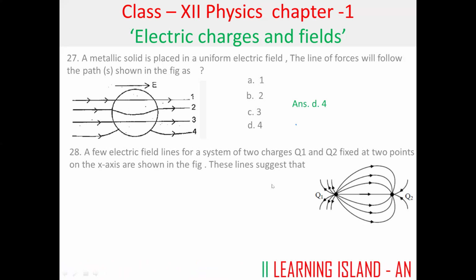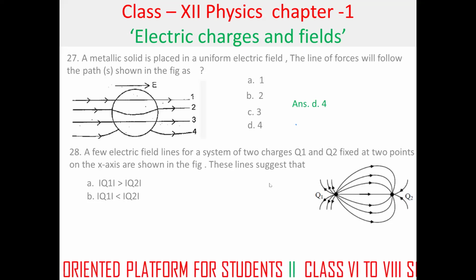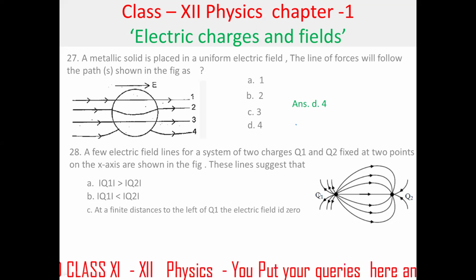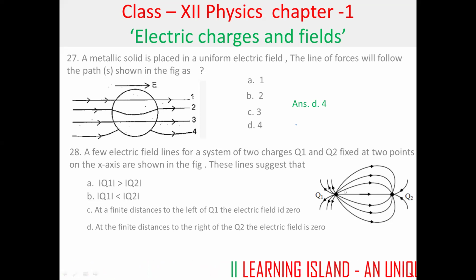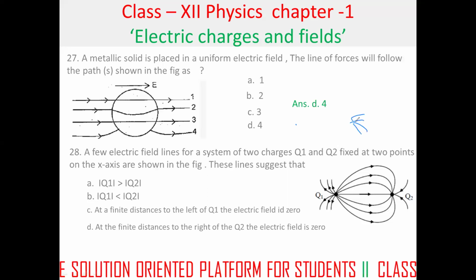This line suggests that magnitude of Q1 is greater than Q2, or magnitude of Q1 is less than Q2, at a finite distance to the left Q1 ये Q1 से लेफ्ट में कुछ दूर में इलेक्ट्रिकल जीरो होगा, या at the finite distance to the right Q2 जीरो होगा। See, यहाँ पे हम जानते हैं सब लोग कि इलेक्ट्रिक फील्ड लाइन जितना ज़्यादा होता है कोई भी जगह पे, इसका इलेक्ट्रिक फील्ड स्ट्रेंथ जितना ज़्यादा होता है, इलेक्ट्रिक फील्ड लाइन कम होगा, इसका मतलब इसका स्ट्रेंथ कम। सो डेफिनेटली here number of electric field line is very less, but here it is very more large number of electric field lines. So Q1 definitely greater than Q2.